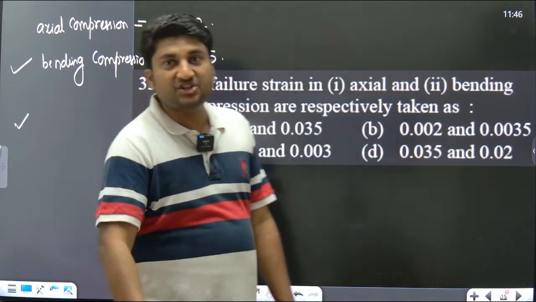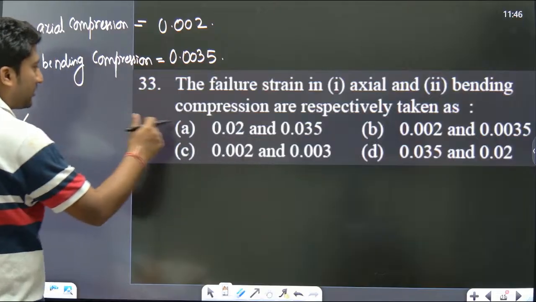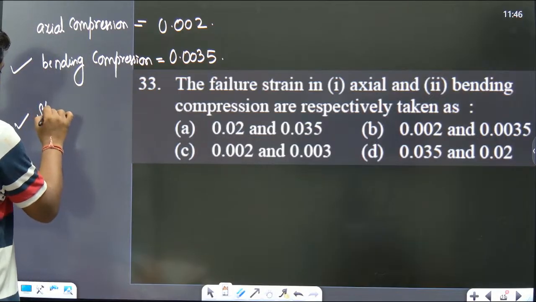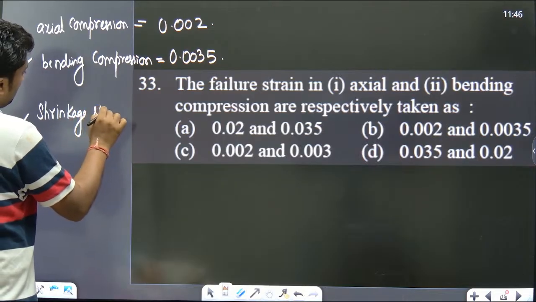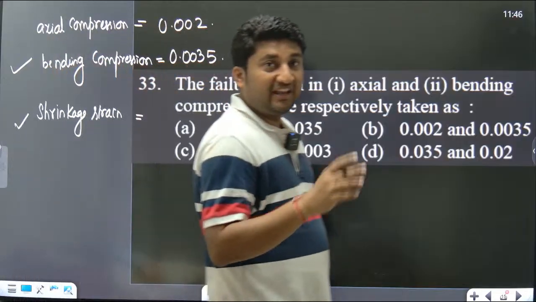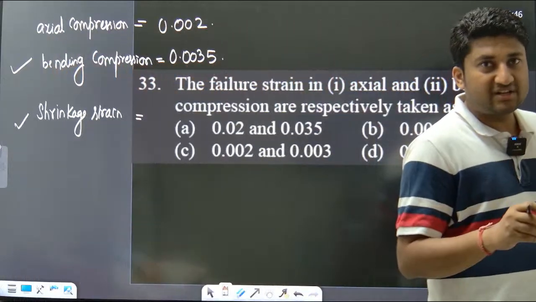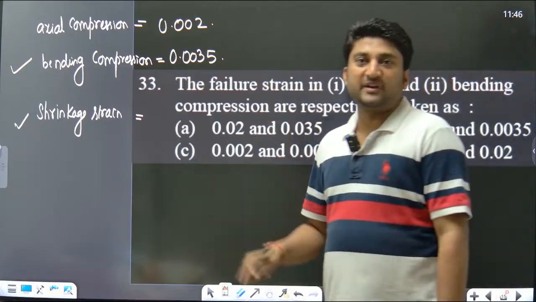what is the shrinkage strain, if no minimum reinforcement is given to protect against it? What is the value of shrinkage strain? Please comment in the answer. When we cast the concrete, the concrete shrinks, and that is why minimum reinforcement is provided.